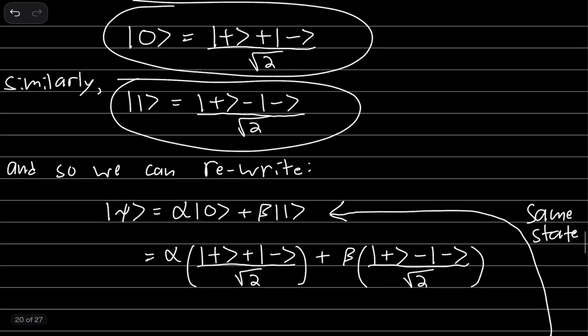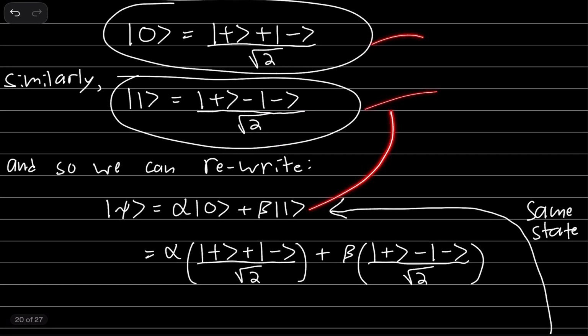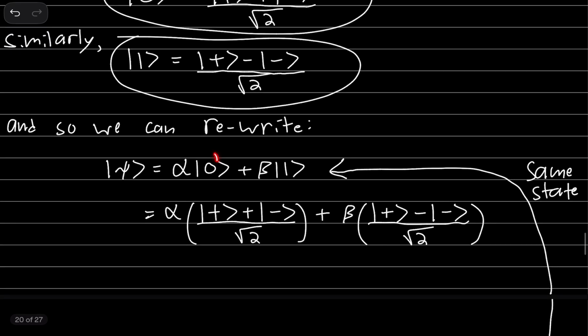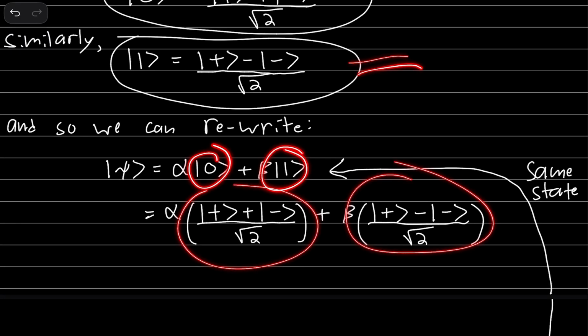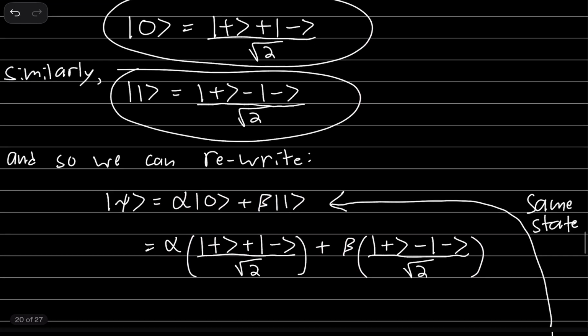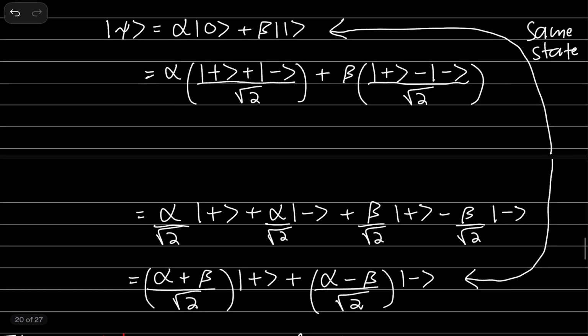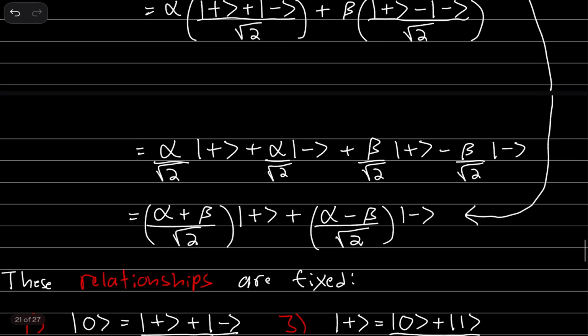So we can then plug these into the original state that we had written in the computational basis. So we swap in what we just derived, plugging in these new equations. And then we distribute and group like terms.